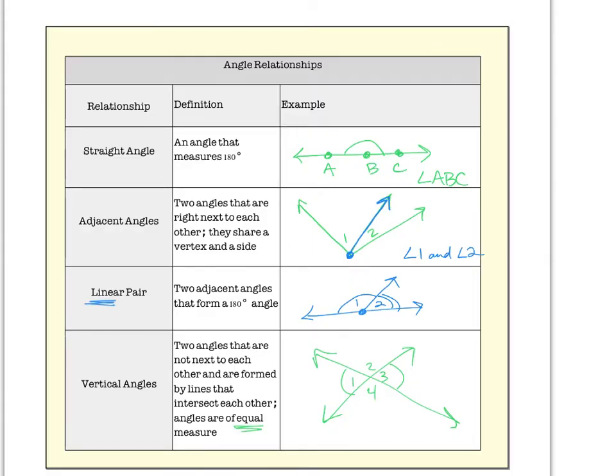So angles 1 and 3 would have the same measure. Same thing with angles 2 and 4. Those will have the same measure. So angle 1 and angle 3 are a pair of vertical angles, and then angle 2 and angle 4 are another pair of vertical angles. They're across from each other in an X, basically.